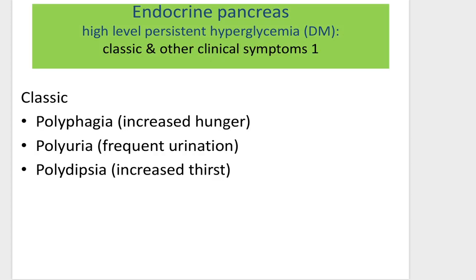Classic and non-classic clinical symptoms of hyperglycemia or diabetes mellitus. It's what I told you. It can be just several main symptoms of hyperglycemia. Three main ones all start with poly: polyphagia or increased hunger, polyuria or frequent urination, and polydipsia or increased thirst.